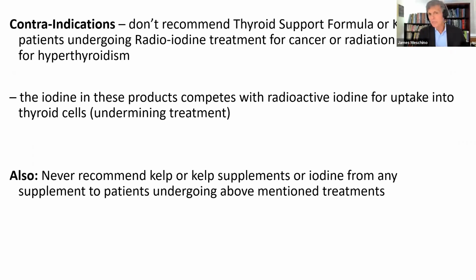So you're countering the medical treatment. Same if you give them kelp or any iodine containing supplement, it's going to interfere with the thyroid treatment that they're undergoing. So you don't give people Thyro-Support formula or any iodine containing supplement if they're undergoing radioactive iodine treatment.